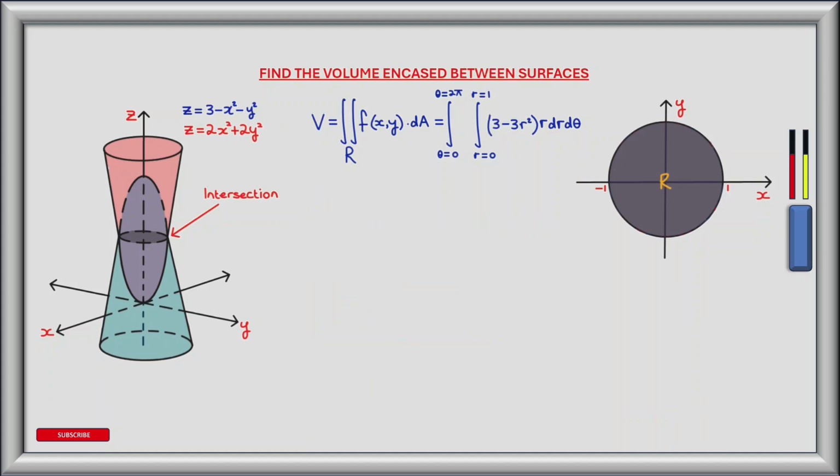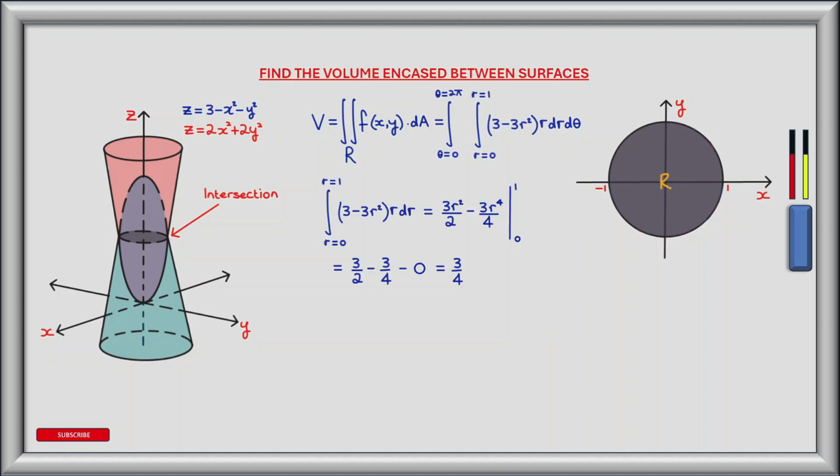Now that we have our height component, we can begin to evaluate our integrals. So first we're integrating from r equals 0 to r equals 1, 3 minus 3r squared multiplied by r dr. This will give us a function of theta, which we integrate from theta equals 0 to theta equals 2 pi.